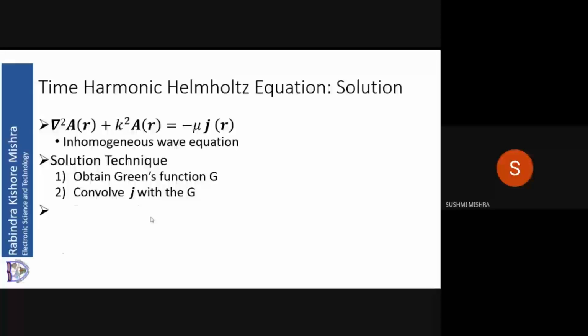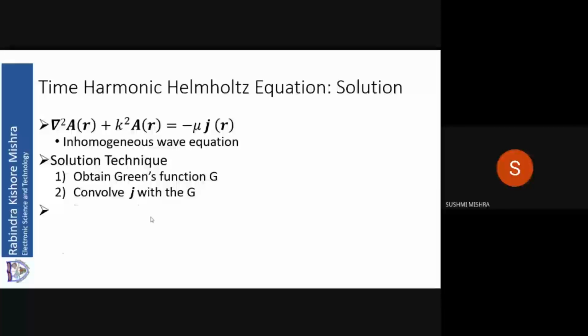Then it is easy to find out A, because you know from signals and systems or communication, etc., that if it is known to us what is the impulse response of a system, then the response of the system to any impressed function or to any impressed signal is the convolution of the signal with the impulse response.